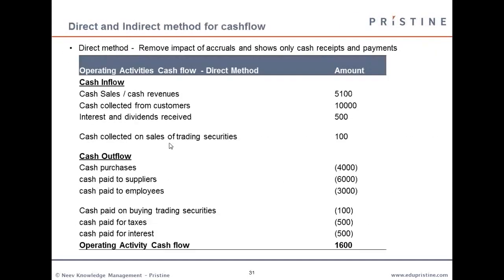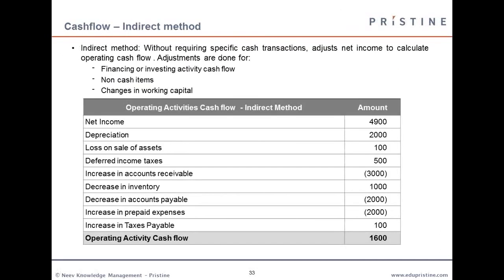So in the example that we have, if we try to interpret it in terms of indirect method, what we do is we first start with the net income. We add back depreciation and any other non-cash items that we have taken early on, so that we exactly get the cash flow of the operating activity accurately. So these are the changes that took place in working capital. Working capital, as I said, is the difference between the current assets and the current liabilities.